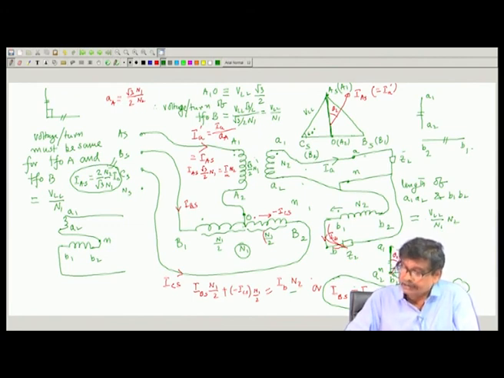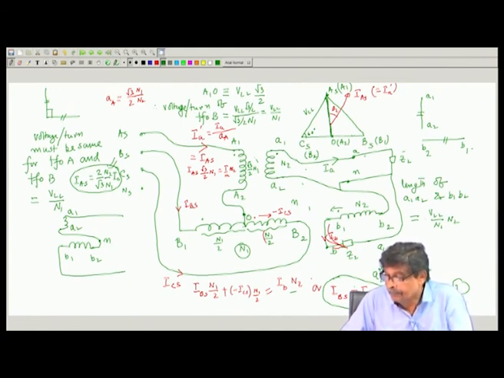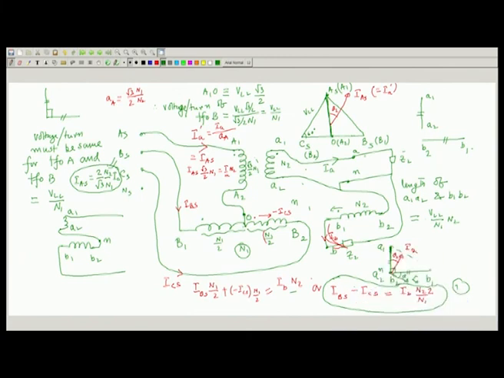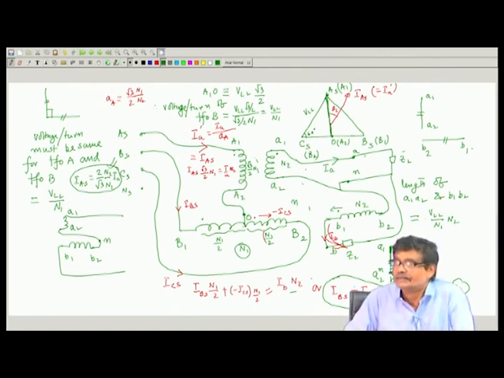To do that, I find another equation is missing, because I must have 2 equations in order to express IBS and ICS in terms of secondary currents. Okay, this is one equation. So, where is the third equation?